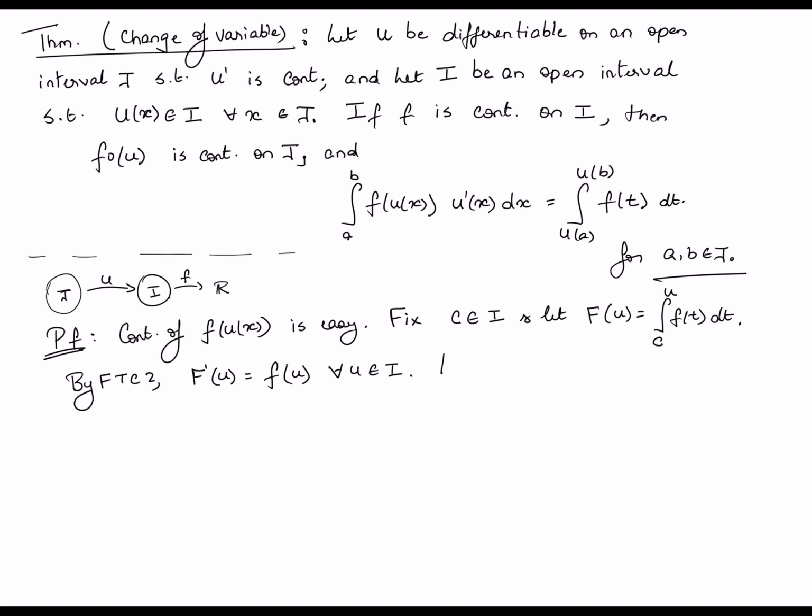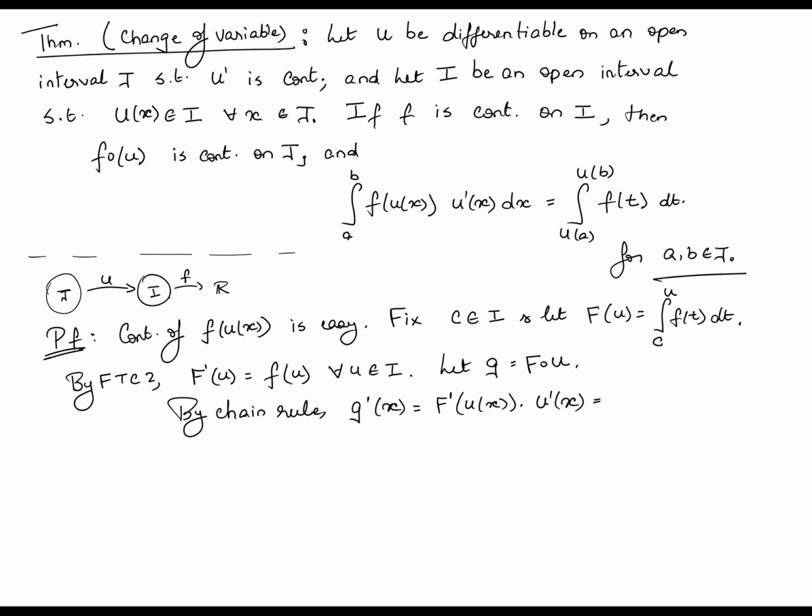Now let G be the composition of capital F with u. Now by chain rule, G prime x is equal to F prime of u of x times u prime x.